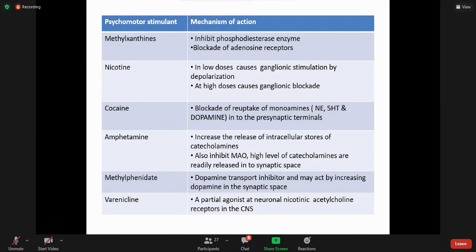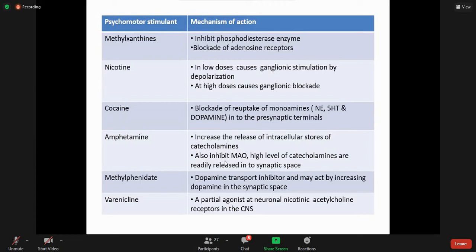So amphetamine increases the release of intracellular stores of catecholamines, so that they reach the synaptic cleft and produce their activity, and it also inhibits the monoamine oxidase enzyme.